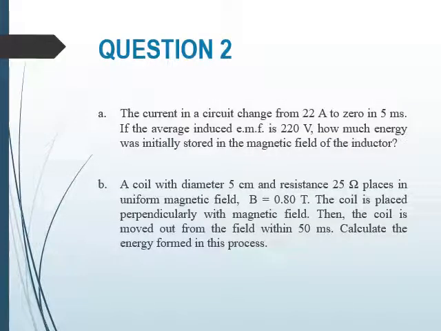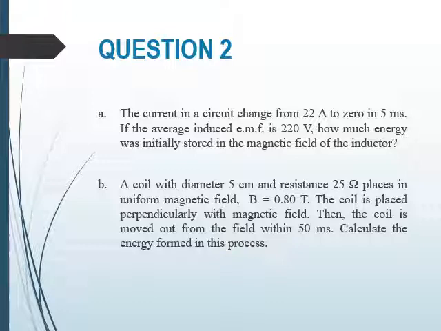Question 2a. The current in a circuit changed from 22 ampere to 0 in 5 milliseconds. If the average induced EMF is 220 volts, how much energy was initially stored in the magnetic field of the inductor?